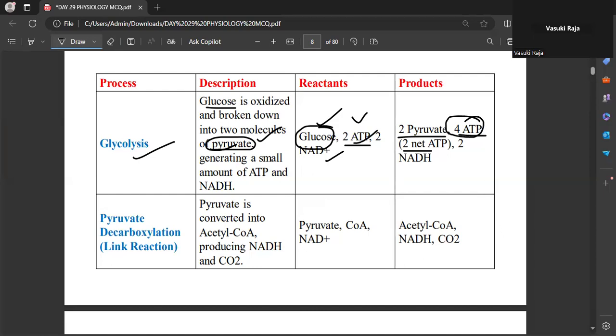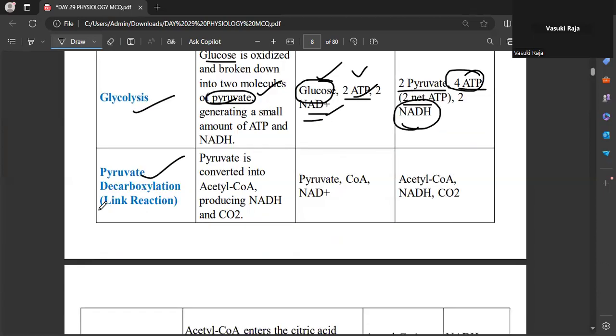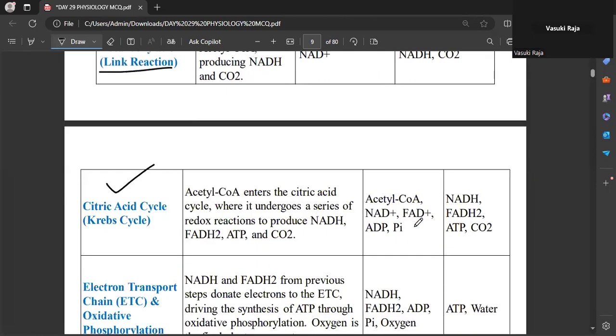And how many NADH are produced in glycolysis? See here, 2 NAD+ are there in the oxidized state. Now these 2 NAD+ are reduced into NADH. Now, pyruvate decarboxylation is called the link reaction between glycolysis and the Krebs cycle.